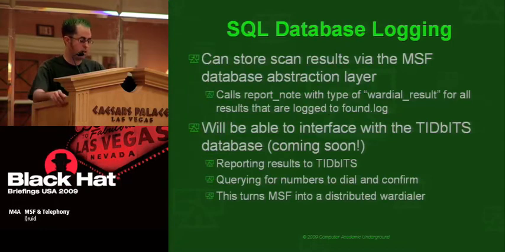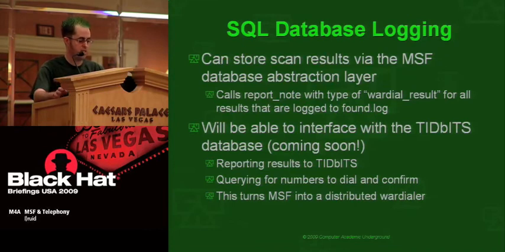So, database logging. It can store the results through the Metasploit database abstraction layer. Basically, all it does is call report_note with a type of wardial result and puts the information in there. It does this for all of the interesting things that it's found, basically the same information that goes into the found.log in the logging data directory. Eventually, this is going to be able to interface with another project that I've started called TIDBITS, which is the Internet Database for Information Telephony Systems.